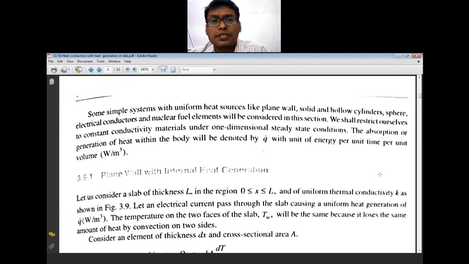Some simple systems with uniform heat source, like plate wall, solid and hollow cylinders, spheres, electrical conductors and nuclear fuel elements, are of common consideration in heat transfer. Out of these, we will discuss the plane wall, solid and hollow cylinder, and spheres.